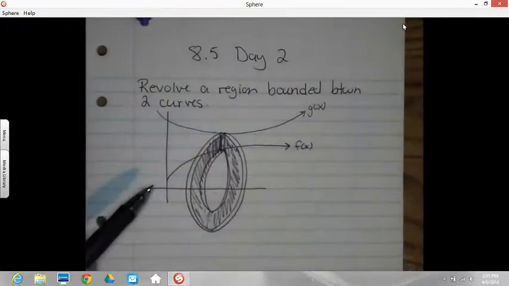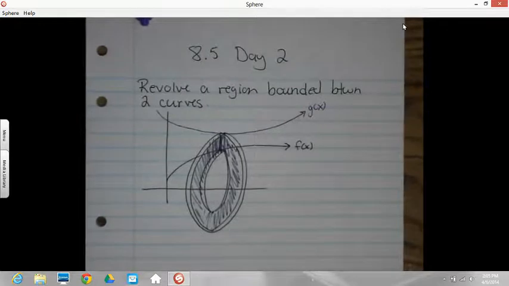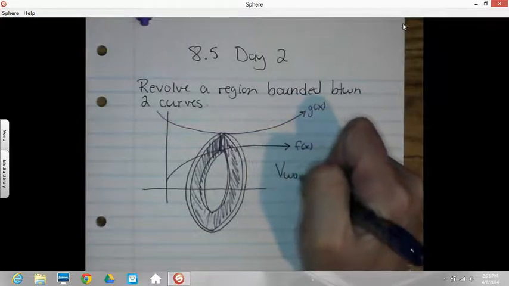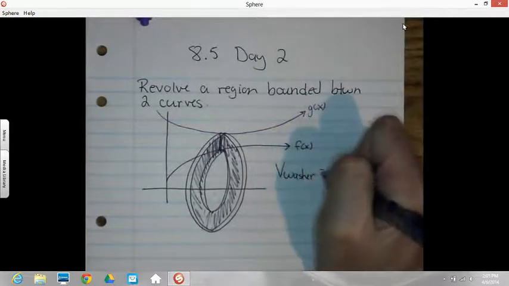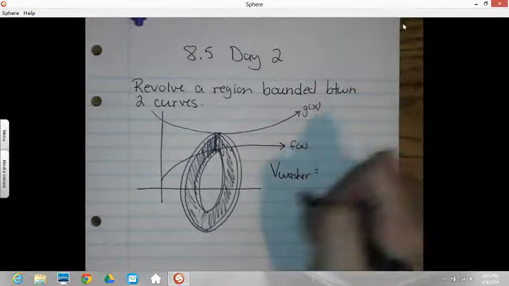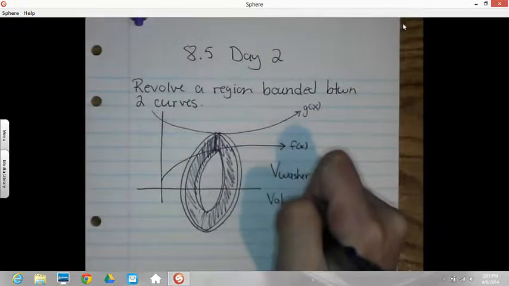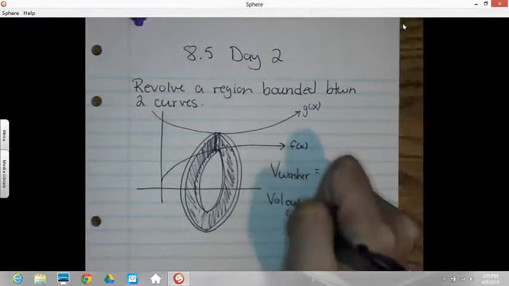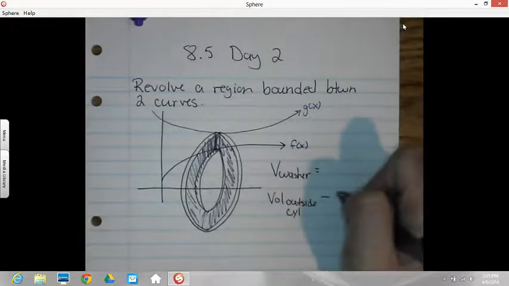So the volume of a washer is going to be the volume of the outside cylinder minus the volume of the inside cylinder.